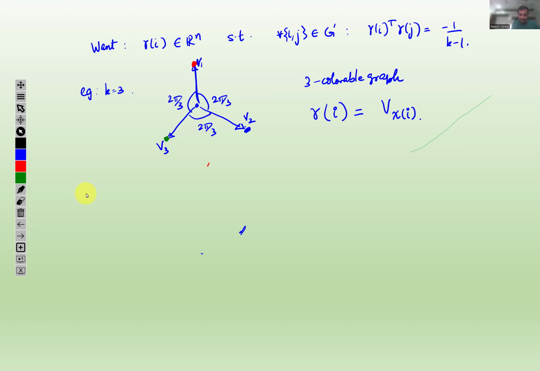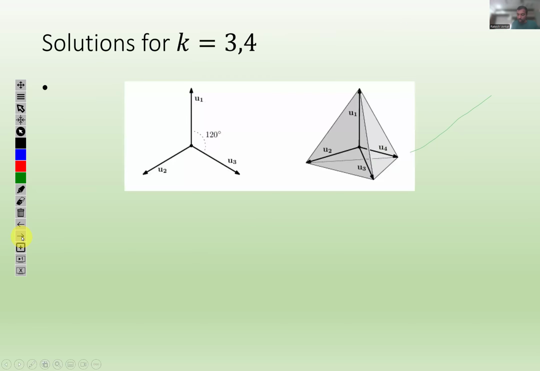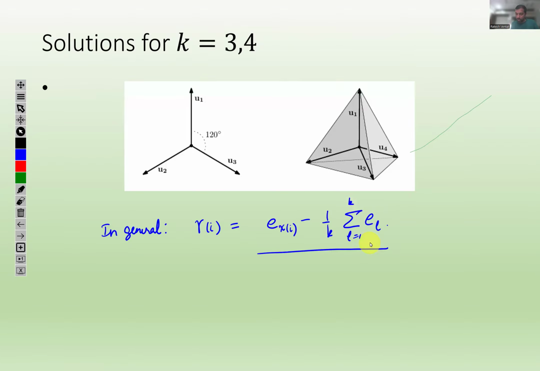And the same thing can be generalized. If you have 4, then you go to a regular simplex and take it. In general, you can set gamma of i to be equal to e chi of i minus, or say I'll take only k vectors, chi of i minus e, since there are k colors to the graph, divided by the norm.